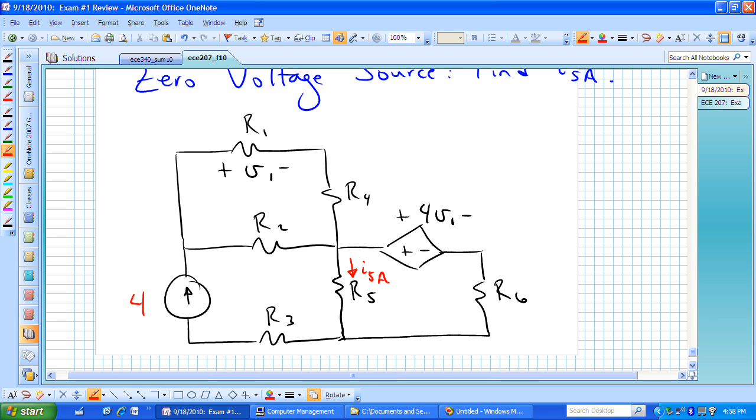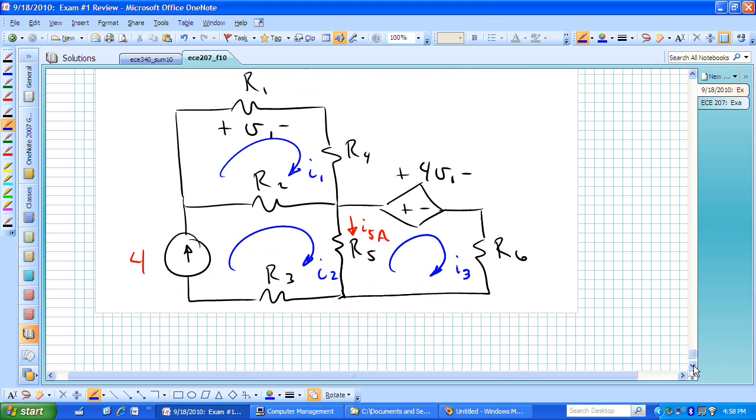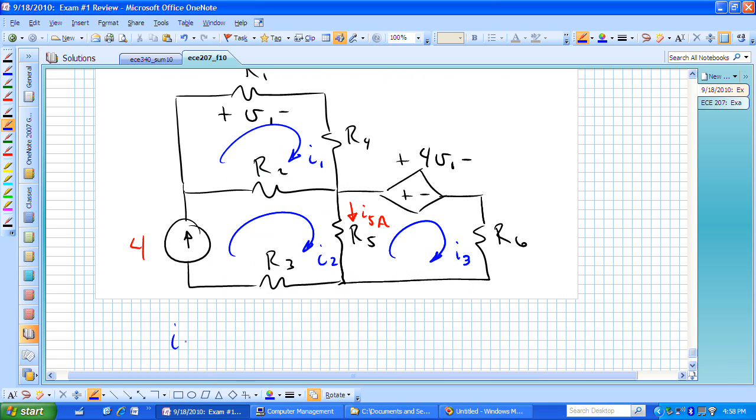We can do this doing the same approach that we've done already maybe in solving this, and that is, let's identify these three mesh currents and solve for those three. In that case, I sub 5a is going to be I sub 2 minus I sub 3.